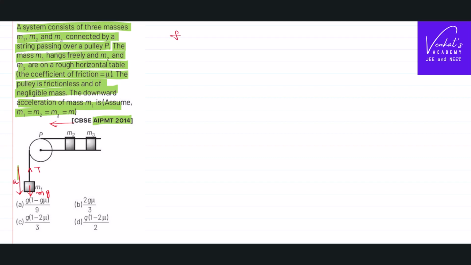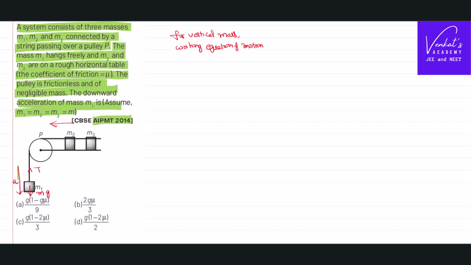So for the vertical mass, writing the equation of motion. How do we write these equations of motion? Conceptually, I have explained this in the Newton's laws of motion chapter. You can find that in the playlist if you are not familiar with that.